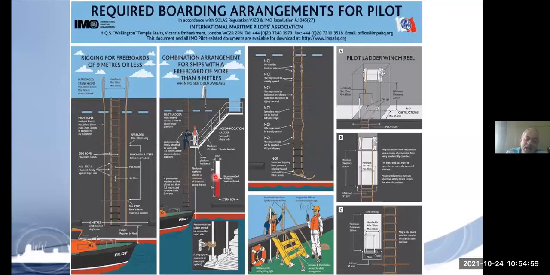So the height from here to here is 9 meters, where the white and red interface is; from here the freeboard is 9 meters. So when this red mark is visible, the pilot also knows this ship has more than 9 meters of freeboard, so he will know that the ship will provide him a combination ladder.